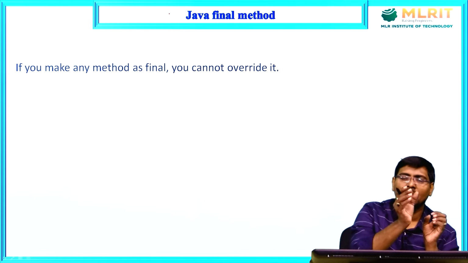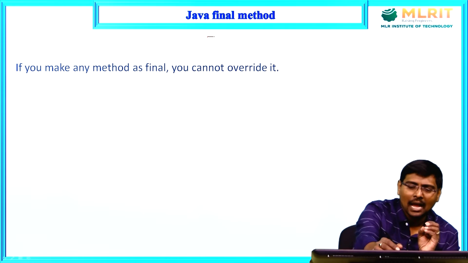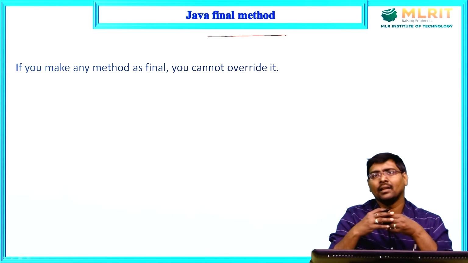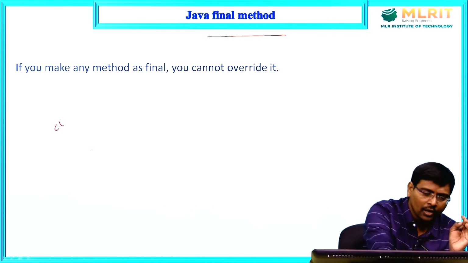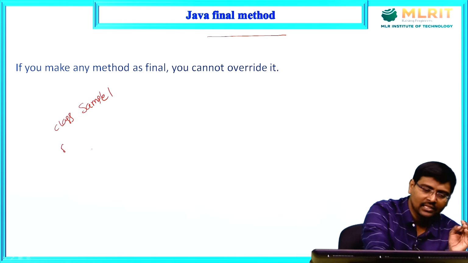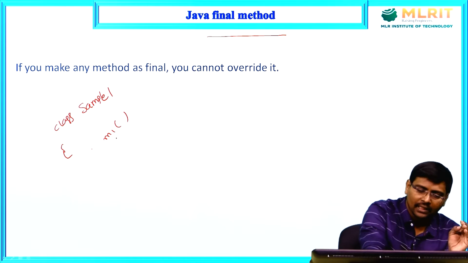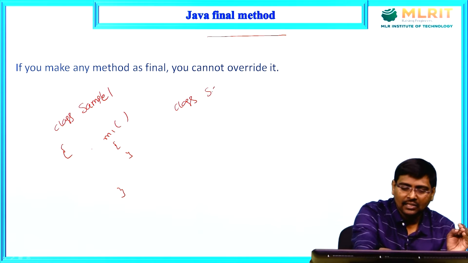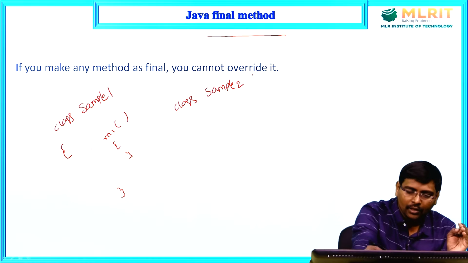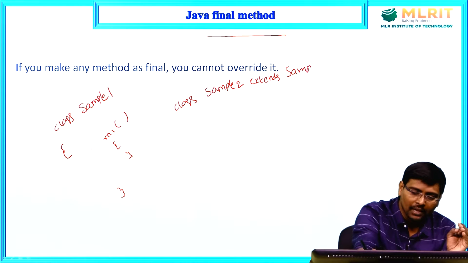Second, the final keyword is applied to a method. What happens if we apply it to a method? Assume we have a class sample1 with a method m1. Now class sample2 extends sample1.